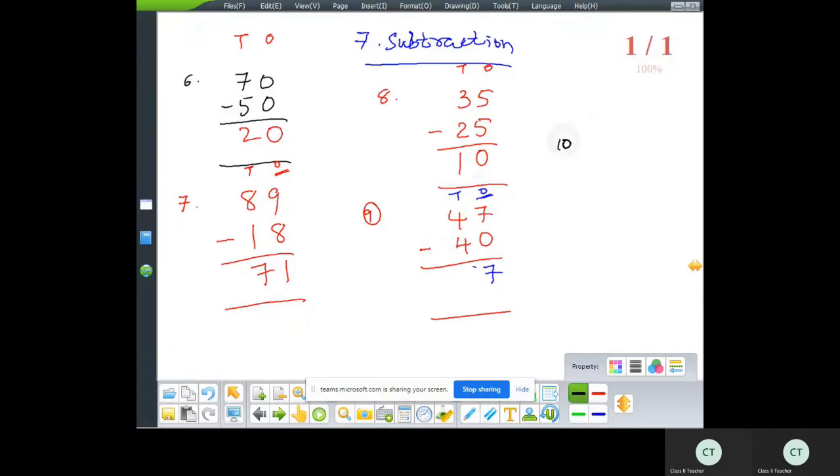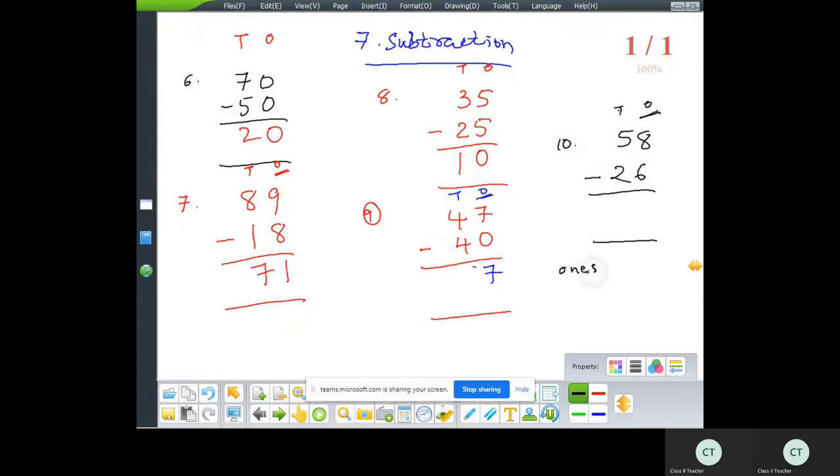Now, the 10th one. 58 minus 26. Write the place values, ones and tens. Now subtracting on ones.